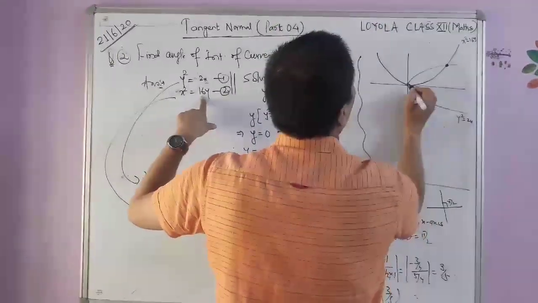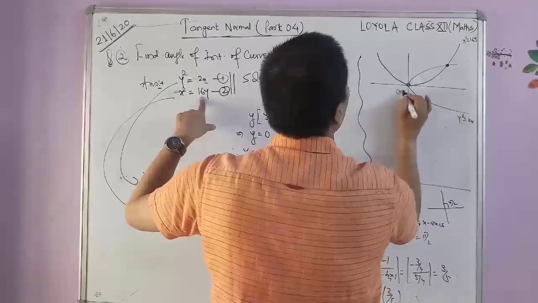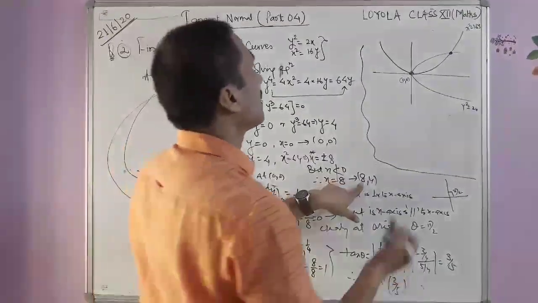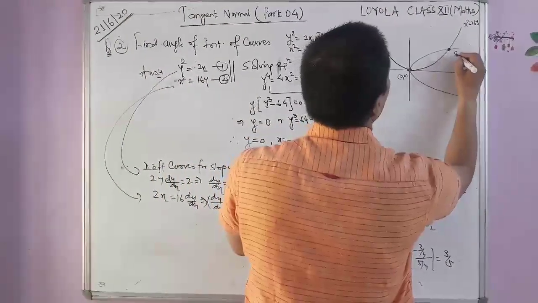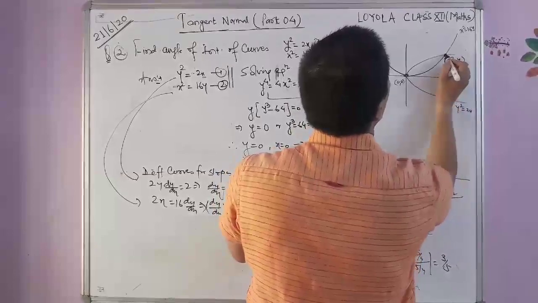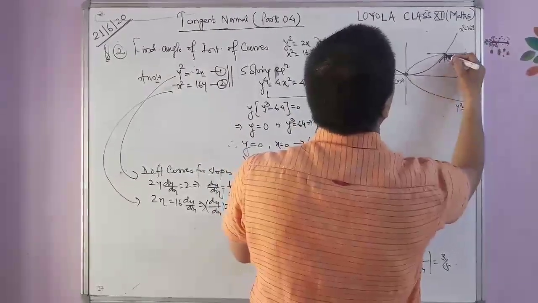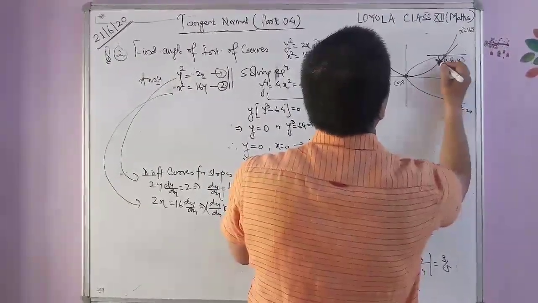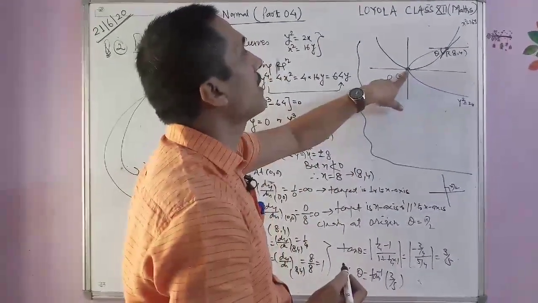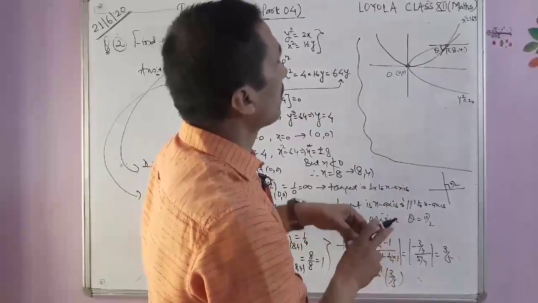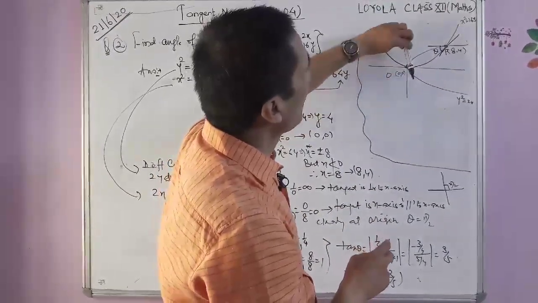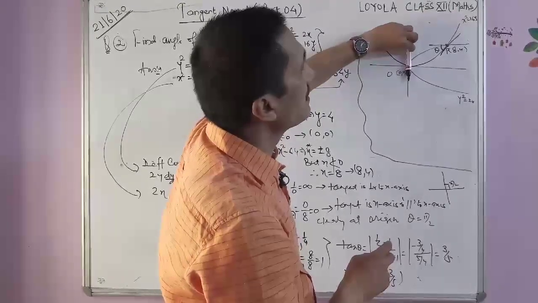Clearly, the points of intersection are at (0, 0), the origin, and the second point (8, 4). At the origin, the two curves are orthogonal because one tangent is this and the second tangent is this.